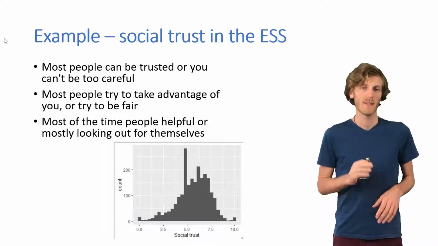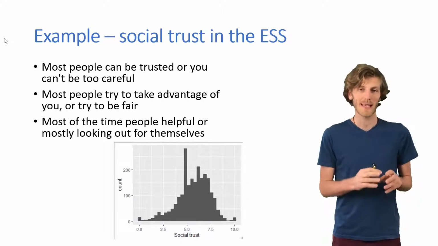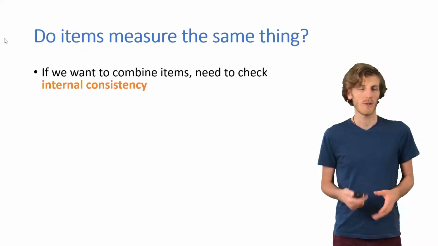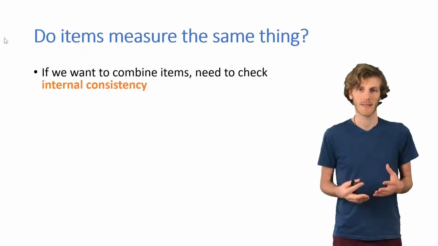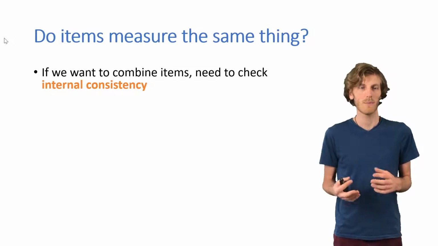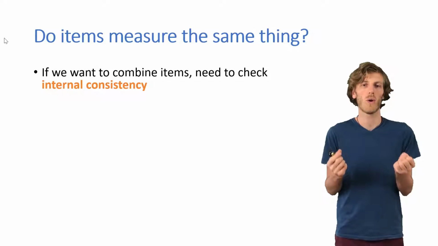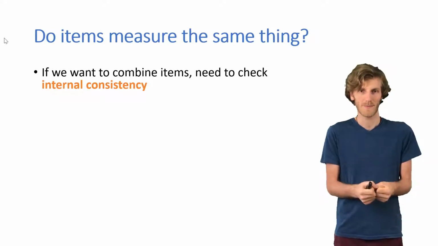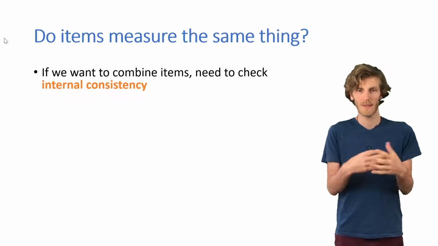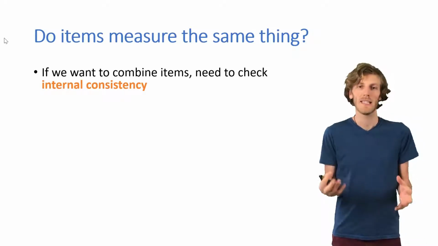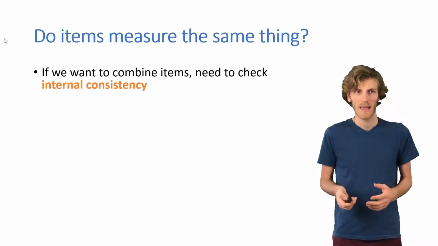However, we still need to figure out if these items actually measure the same thing. And the way to do that, the way to test for internal consistency, is to basically look at the correlations between the items. So are they all correlated to each other? Obviously with many items there are lots of correlations, so we need a method to combine them all.